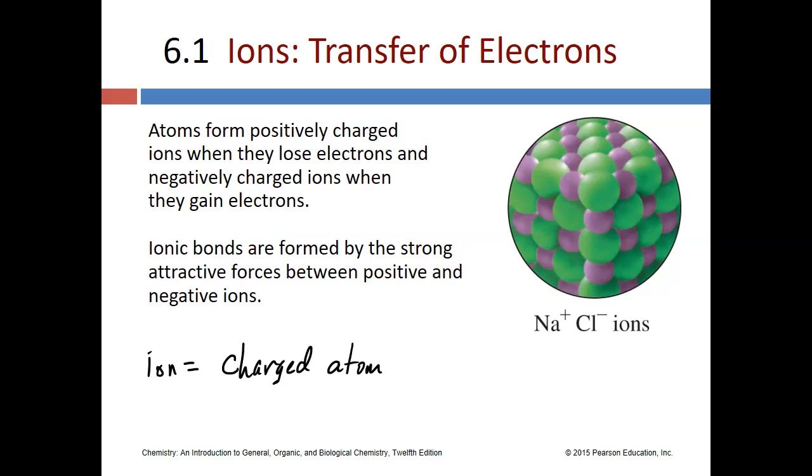And ions are all about charge. And that charge is all about the number of electrons. So if we have a neutral atom, then we have even numbers of protons and electrons.